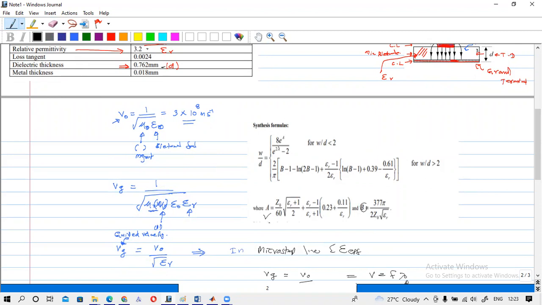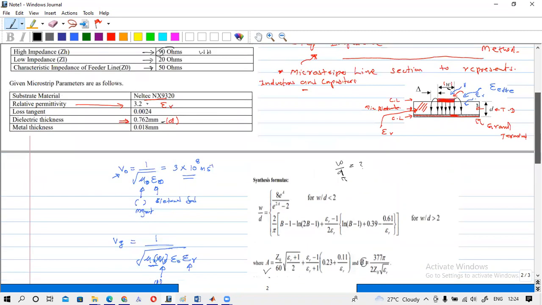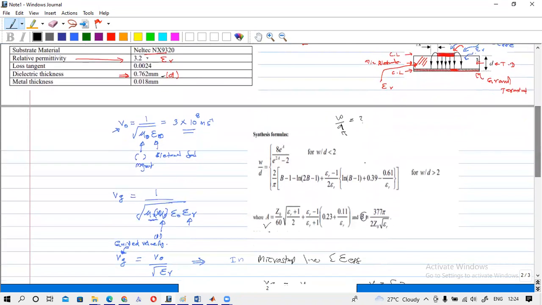By substituting them, you can calculate W by D. Then you know D, the thickness, which is given as 0.762 millimeter, so you can calculate the WH value.